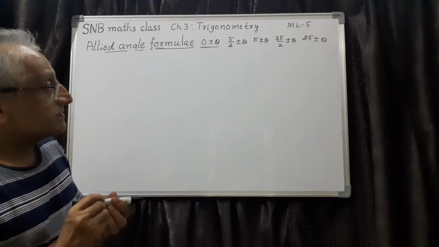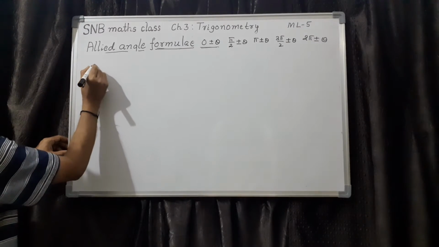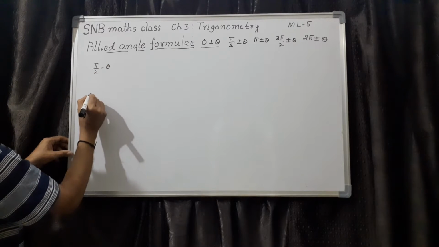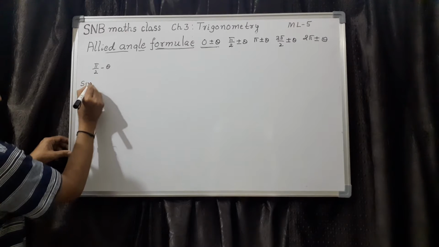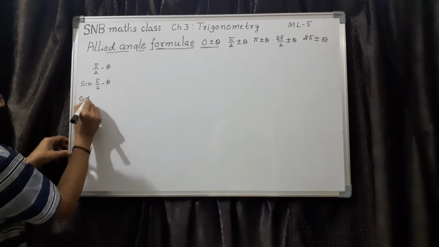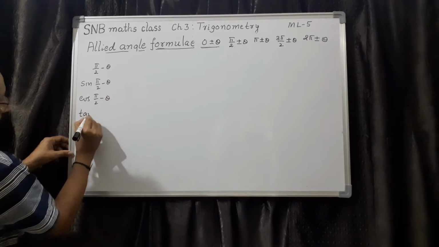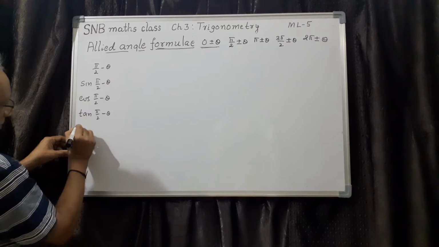What you have to do is, first let us take this one, pi by 2 minus theta. Here I will write sine of pi by 2 minus theta, cos of pi by 2 minus theta, tan of pi by 2 minus theta. I will make the list. This is one set.